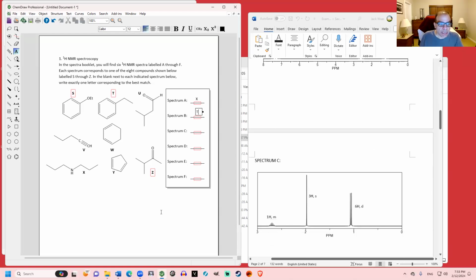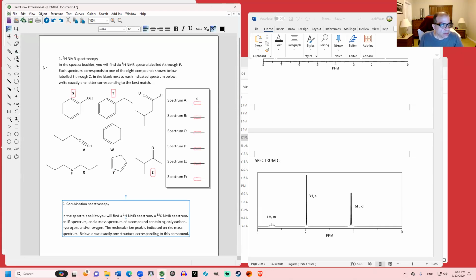And we have one in the next spectrum. The next spectrum has a doublet for 6 hydrogens. And that means that you have 6 equivalent hydrogens. The only way you're going to get that is with 2 methyl groups that have 1 adjacent hydrogen.